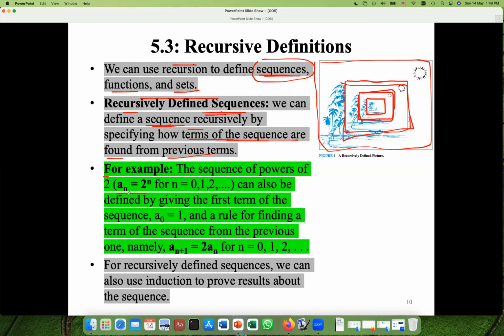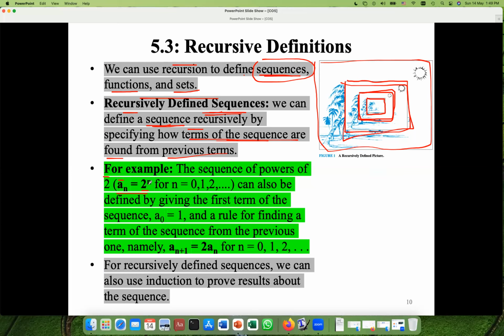A of n, you can say it's a variable used to represent the terms of the sequence. So A of n is equal to 2 raised to the power n, and n is 0, 1, 2, and so on. When you put 2 raised to the power 0, you will have 1.